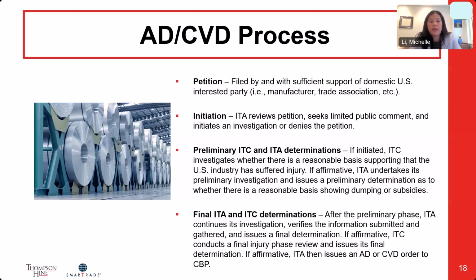And the ITC, like I previously quickly mentioned, will come in separately and determine whether there is a material injury or threat of material injury to the domestic industry by reason of the dumped or subsidized imports. Generally, an investigation would take approximately 300 days for an AD investigation or 230 days for a CVD investigation, unless it's extended, which we will show you in the timeline in the last few slides. Next slide, please.